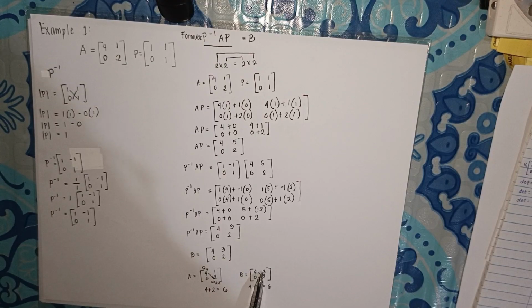Then 1 times 3 is 3, not 2. So we can check that there are two linearly independent rows, and the columns are the same. So the rank of B is also 2.